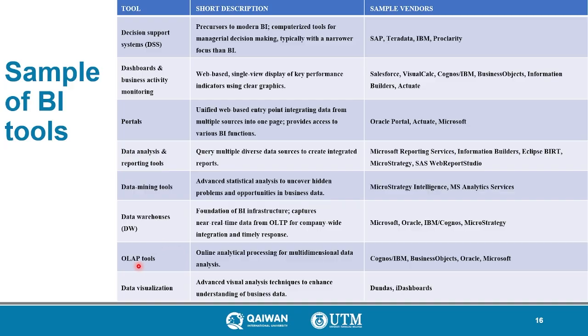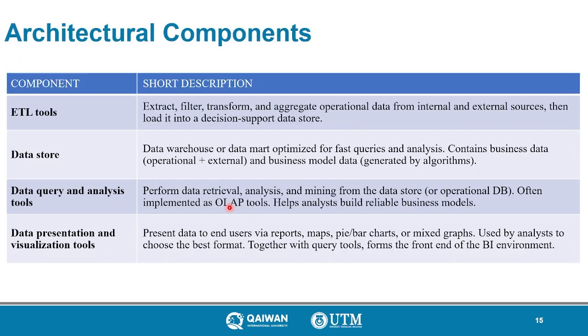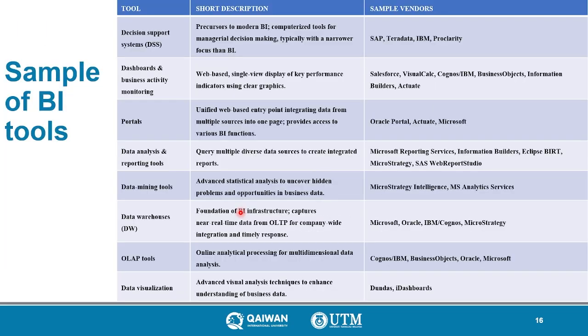Now, OLAP tools, which we explained in the previous slide, are online analytical processing for multi-dimensional data analysis. If we have data that has multiple dimensions, we would use an OLAP tool. For that we have Cognos IBM, Business Objects, Oracle, and Microsoft. And data visualization, of course, will visualize the data. We have Dundas and iDashboards.